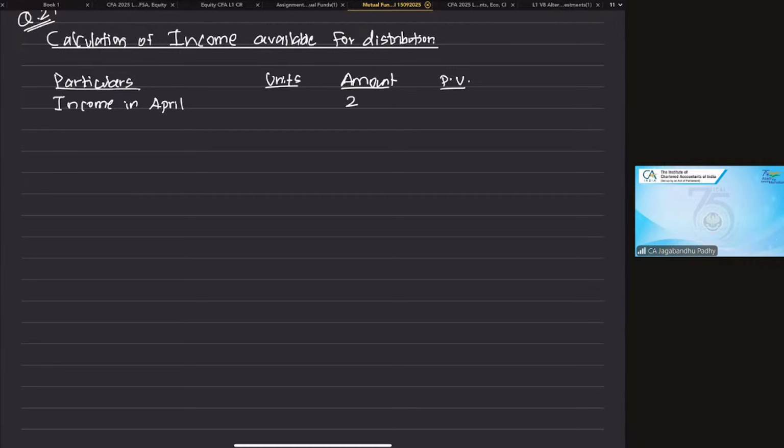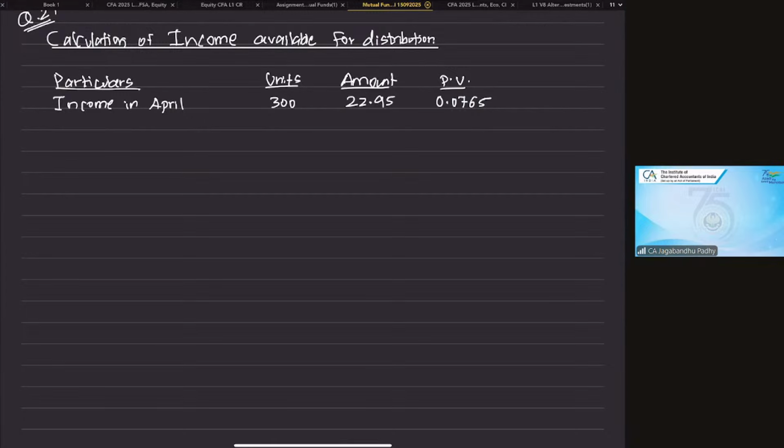So units is 300, amount is 22.95. What about the per unit number? 22.95 divided by 300. So on these 300 units, we have an income coming in April, which is 0.0765.